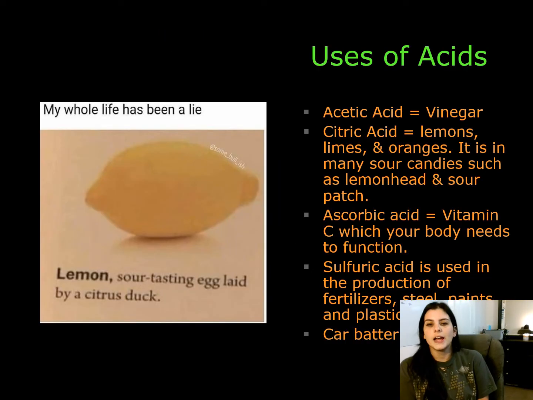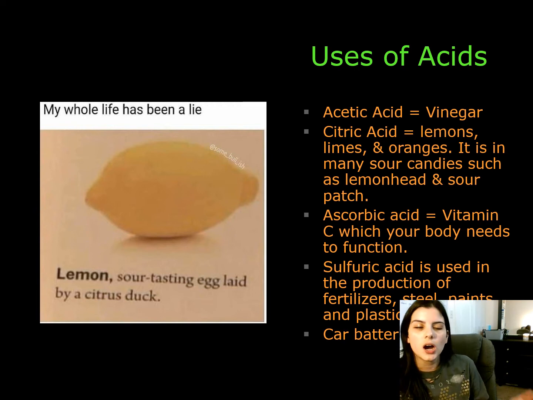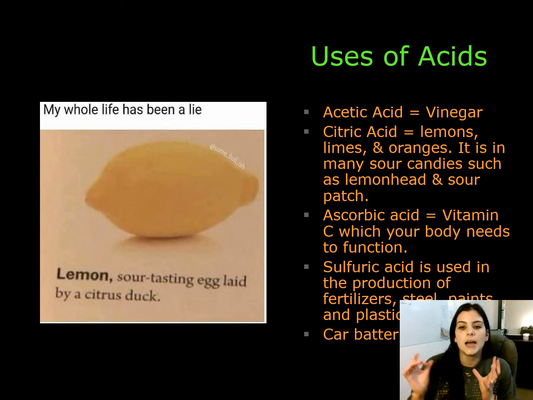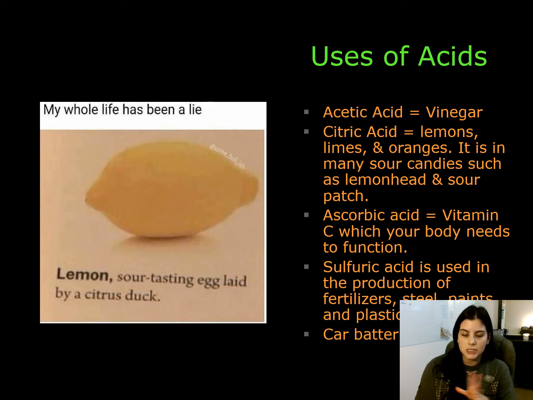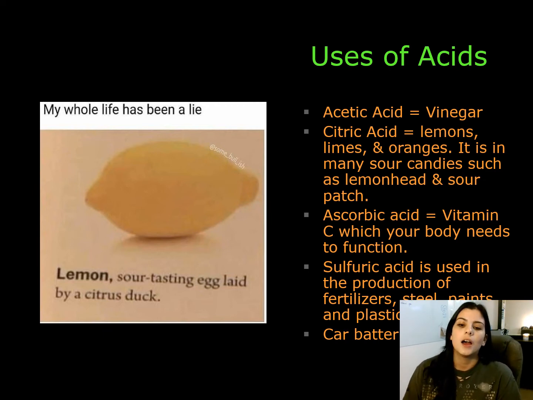All right. Uses of acids. So you can see them most commonly, which you'll be around, in food. So vinegar, lemons, limes, oranges, sour candy, Sour Patch Kids. Those are my favorite. Then you have ascorbic acid, which is vitamin C. You've probably heard of that, like we're talking about immune system and seeing things like the vitamin C powder that you can mix into water to keep you from getting sick.